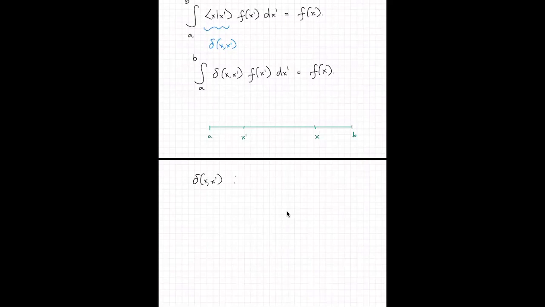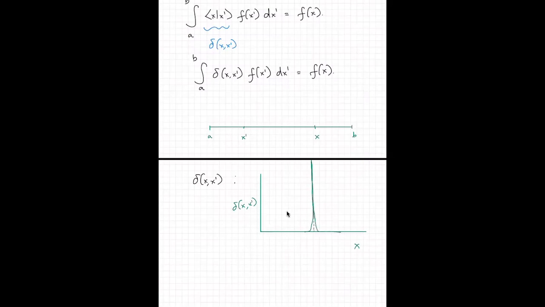So if I plot a function like that, I will get something very weird. Let us say that this is my delta of x comma x prime against x. And this function should be 0 everywhere except at the point where x becomes x prime.